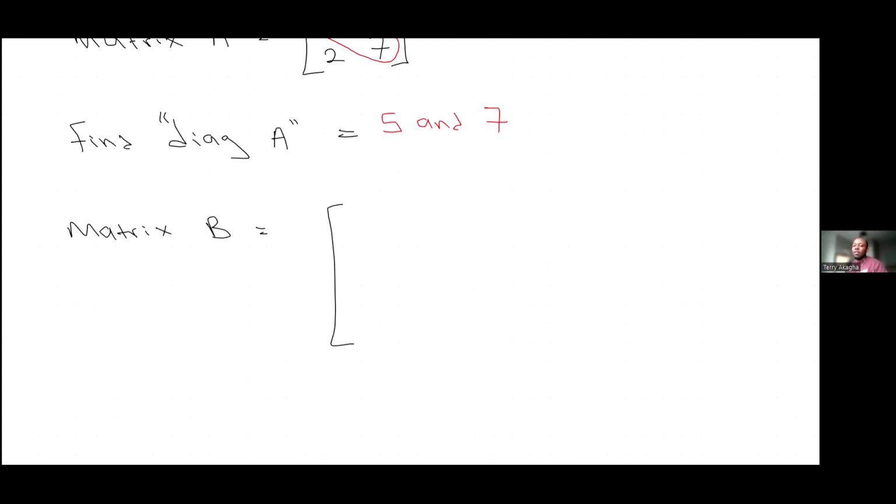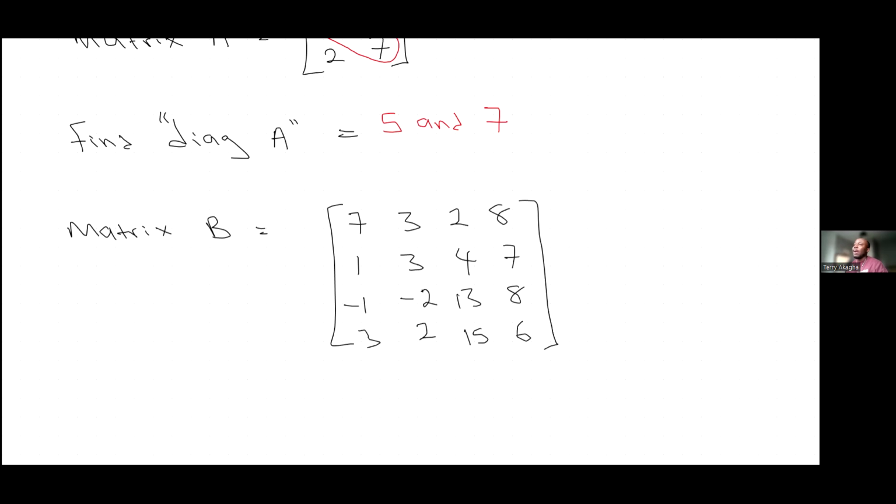But let's assume we have these elements: 7, 3, 2, 8, 1, 3, 4, 7, minus 1, minus 1, 2, 3, 8. Let me make this one 13. And this one is 15, 6, 2, 3. Let's assume we have matrix B like this. It could be anything.